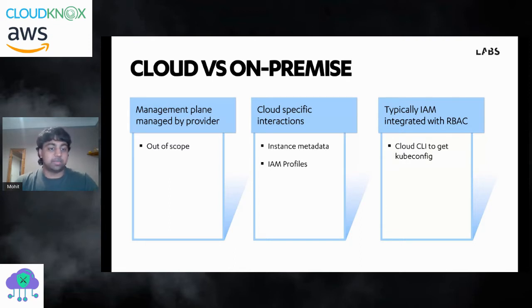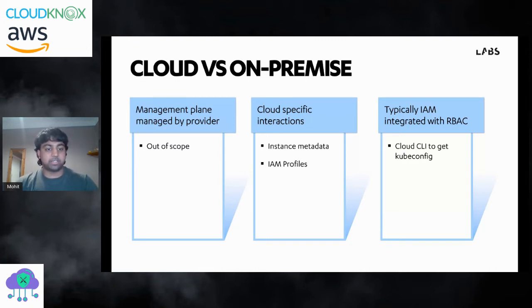For example, instance metadata raises its ugly head again, where if deployed on VMs within the cloud, it would have access to that instance metadata, and theoretically, pods could communicate with that to get AWS credentials to talk to the rest of the environment if the nodes have it, or anything else.